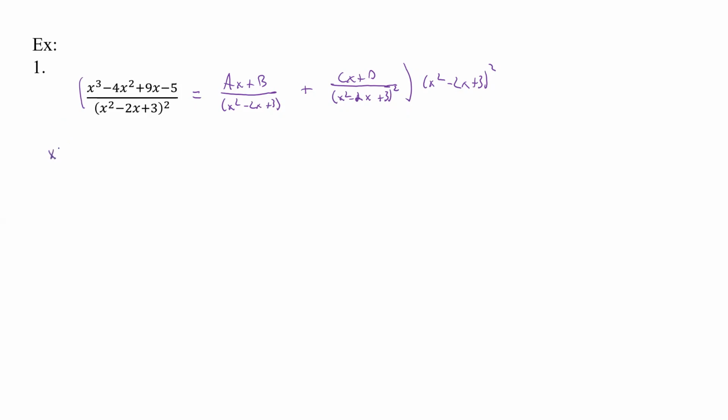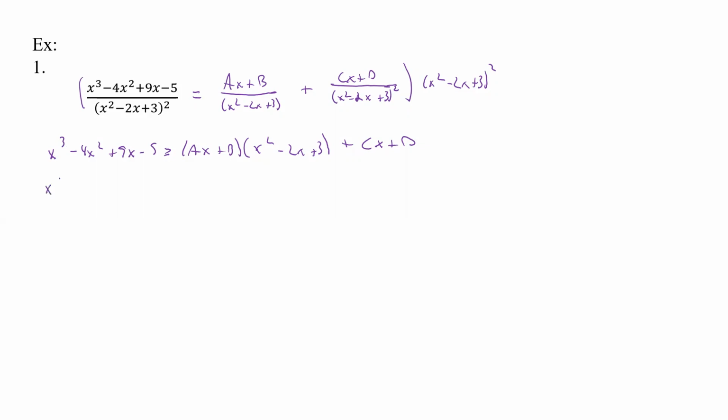So this is x cubed minus 4x squared plus 9x minus 5 equals... one of those cancels one of those, so we'll have Ax plus B times x squared minus 2x plus 3, plus, now both cancel, so we just have Cx plus D. So this part's easy. Now we have to do the rainbow: take the first one times each of the 3 terms, then the second one times each of the 3 terms, and add everything together.